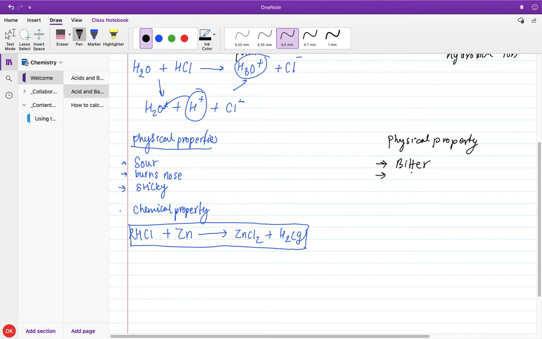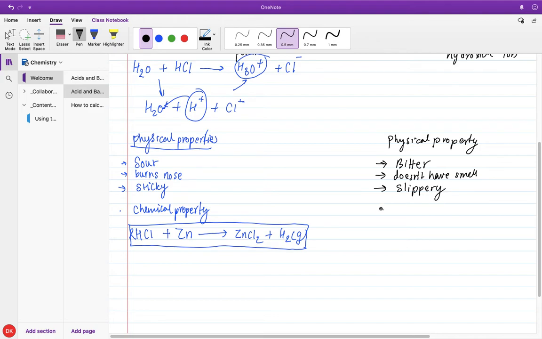Anybody had bitter melon ever? They taste really bitter. As for smell, usually it does not smell. As opposed to acids being sticky, bases feel slippery.